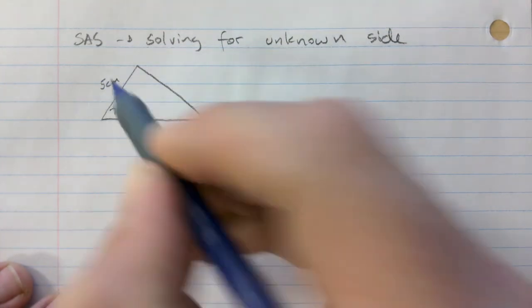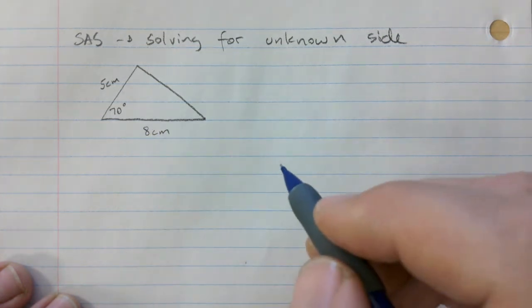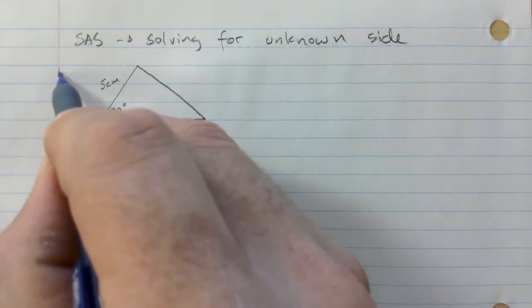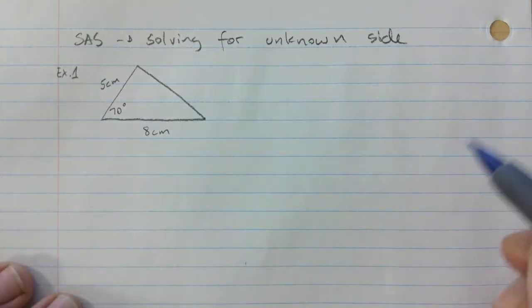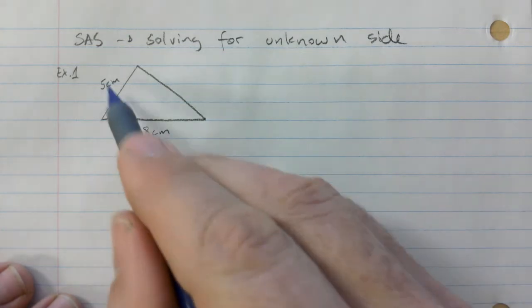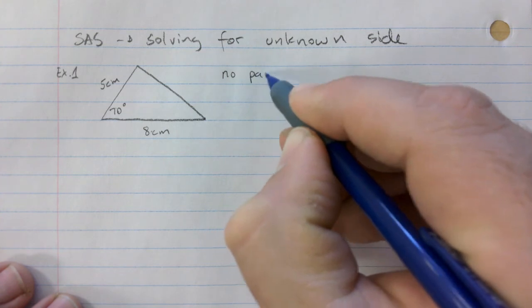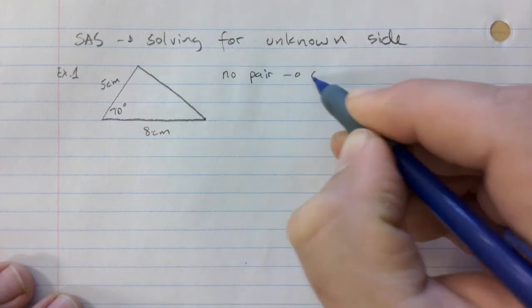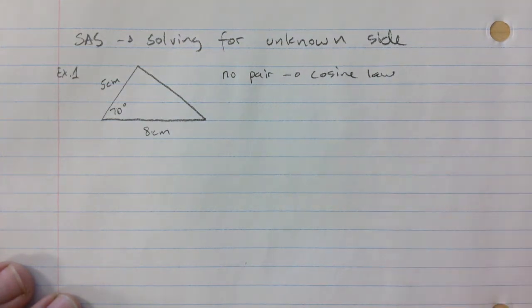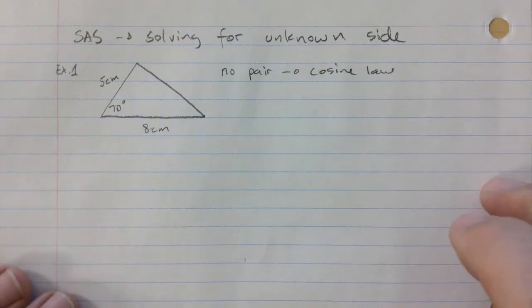You have a 5 centimeter side here, 8 centimeter side there. We'll call this example 1. So side angle side, no pair, right? No pair. So it's cosine law. There's no way you can get a pair out of this, no matter what you do. Okay? You don't have to tell me this, but it's a good note to make, right?